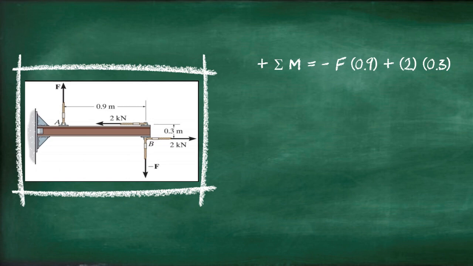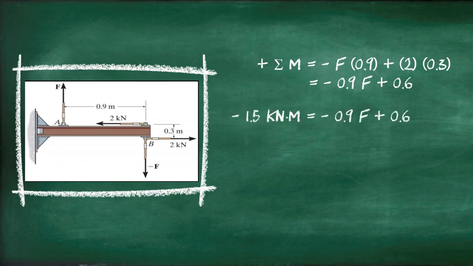The net moment is equal to negative F times 0.9 plus 2 minus 0.3. This equates to negative 0.9 F plus 0.6. Substituting the value of moment, which is equal to 1.5 kilonewton meters, equals negative 0.9 F plus 0.6.